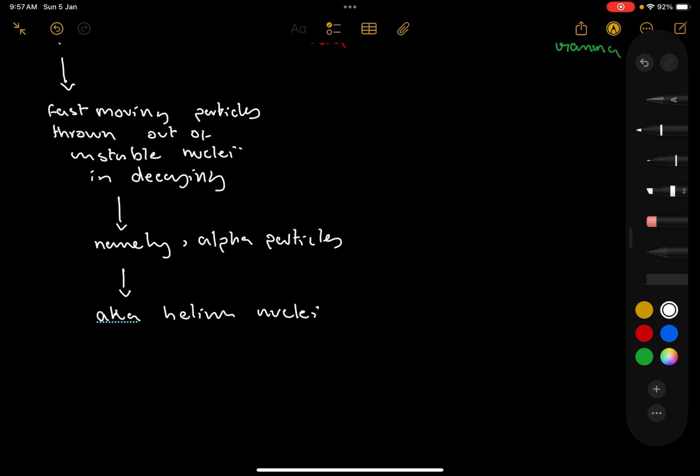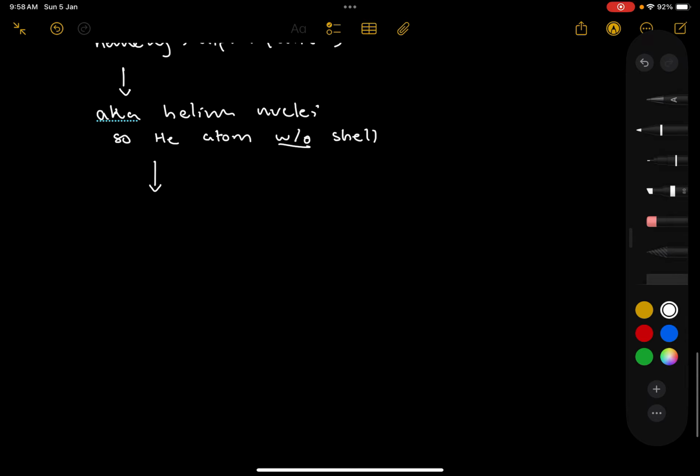But they're basically helium atoms without the shell. That just means without. And this is what it's gonna look like. This is what our alpha particle consists of.